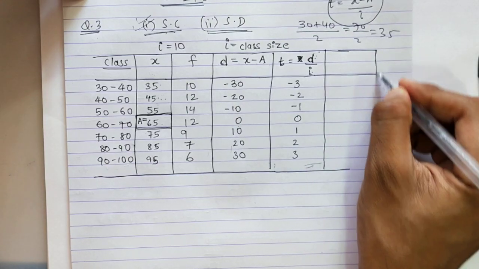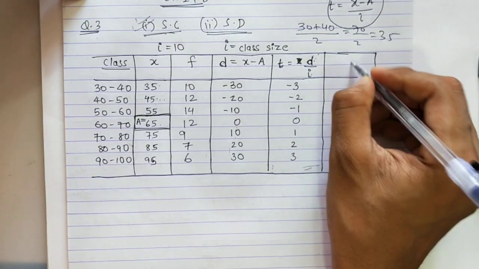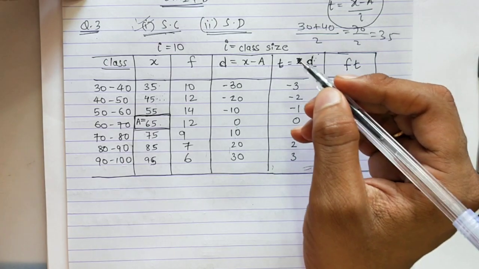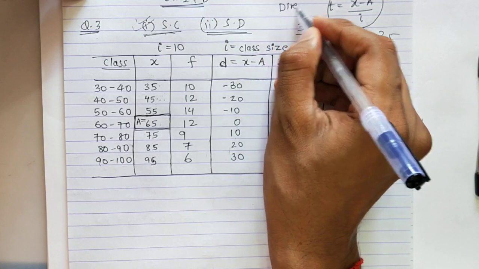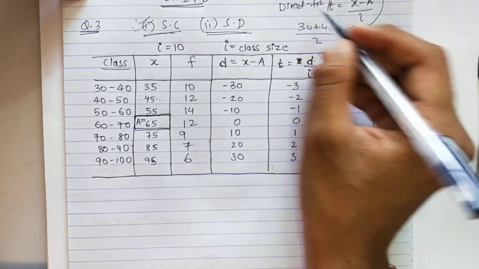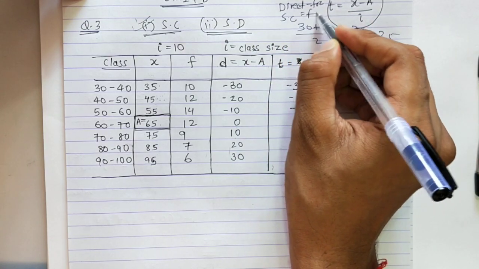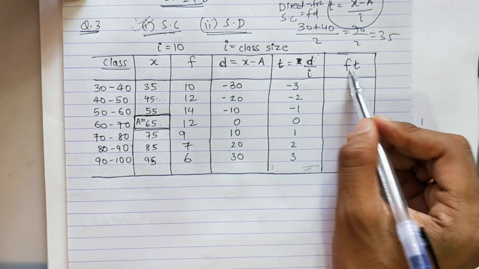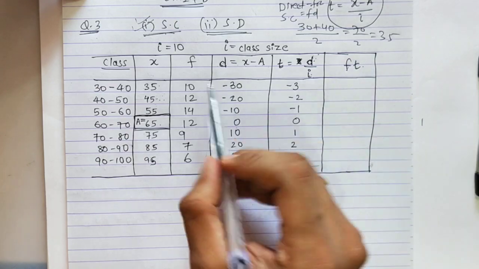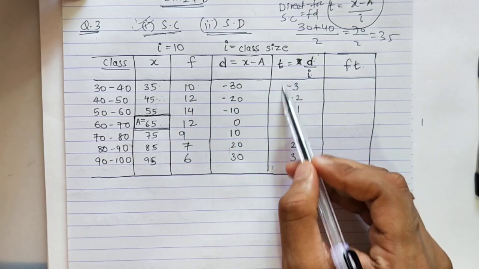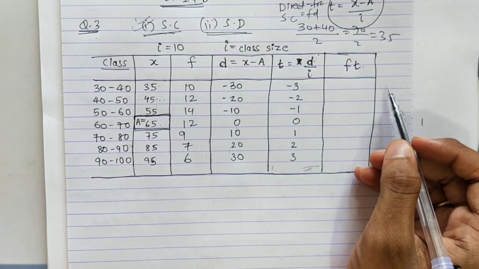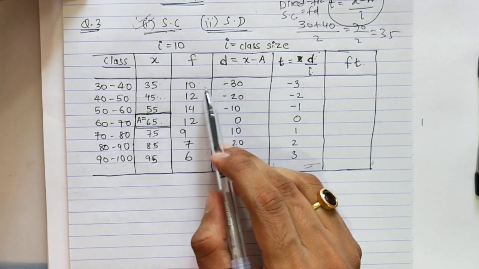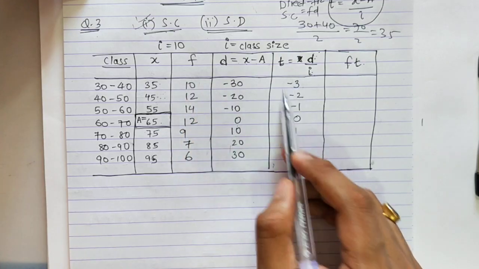Then the last column is FT. Like in the direct method we used to find Fx, in the shortcut method we used to find Fd, in the step deviation method we will find Ft. Okay, Ft means F into the value T. F is 10 into T, minus 3.